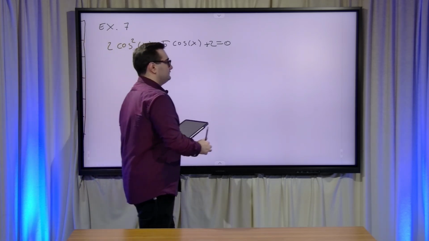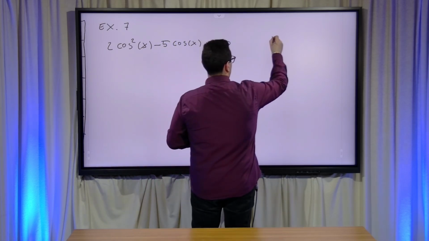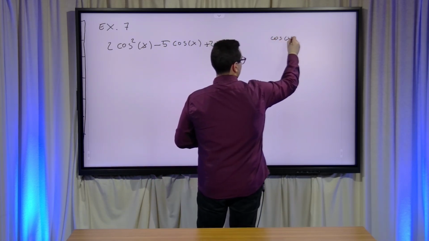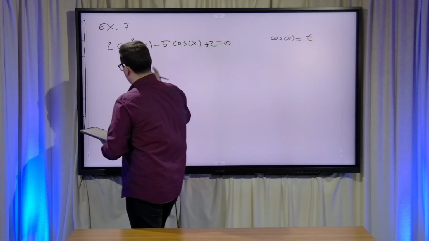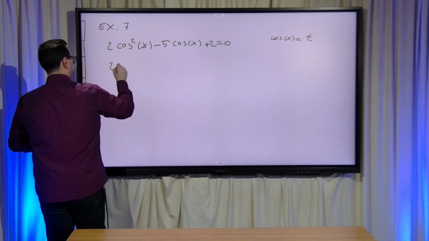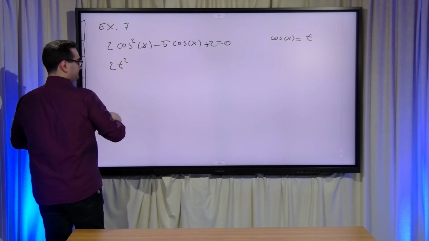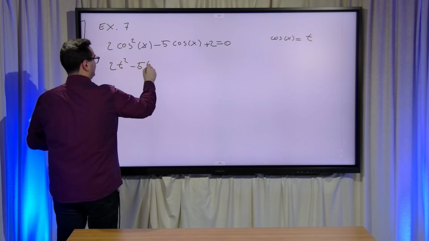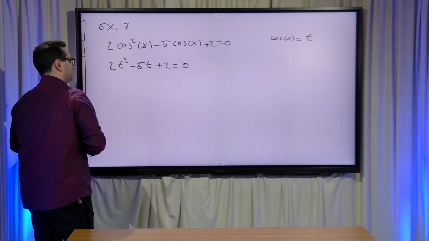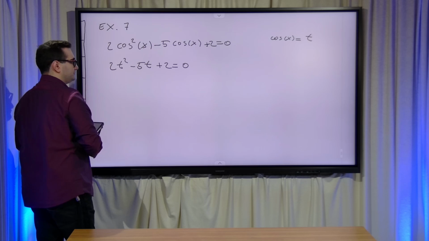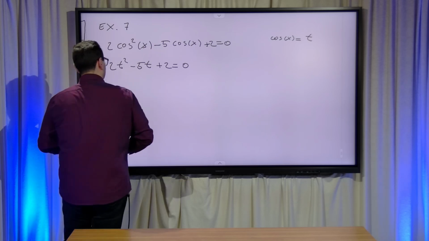If I place cosine of x as a variable that I call t, I can write this equation as 2t squared minus 5t plus 2 equals 0. And now I can solve this equation as a normal second order equation.